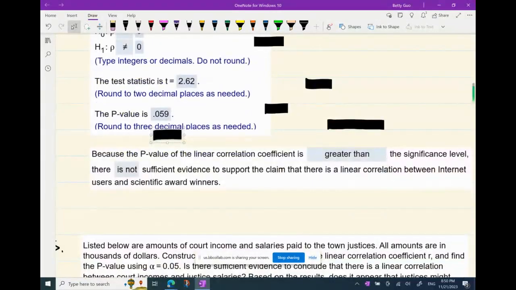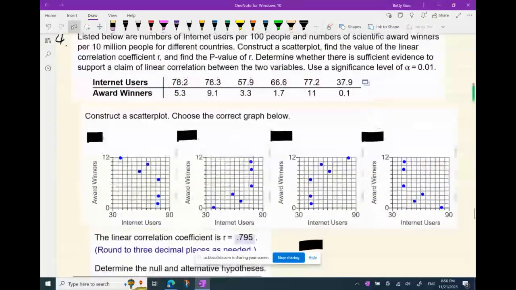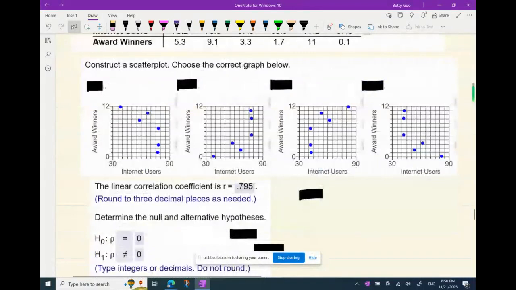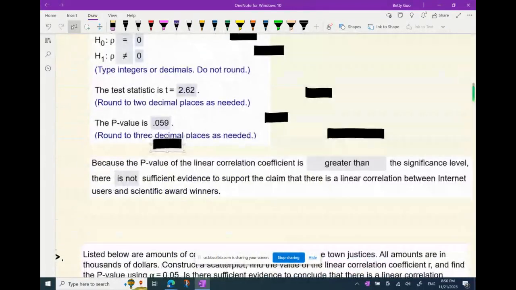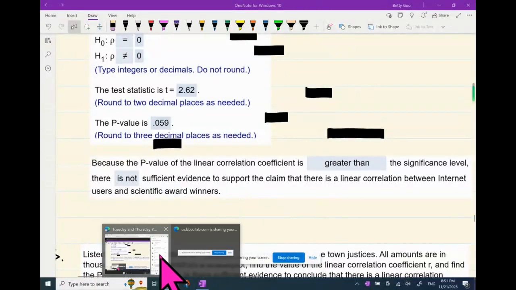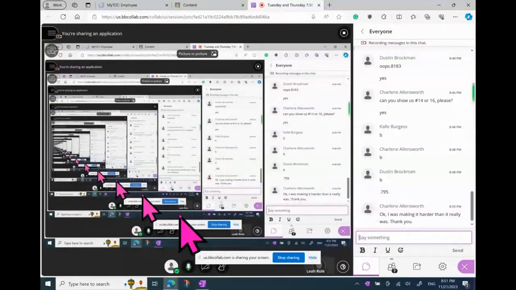Since our alpha in this case is 1%, let me double check, yeah, 1% is pretty low. That makes the p-value high. So it really depends on the situation. Be very careful to determine your alpha. So we fail to reject the null. We say there isn't sufficient evidence.